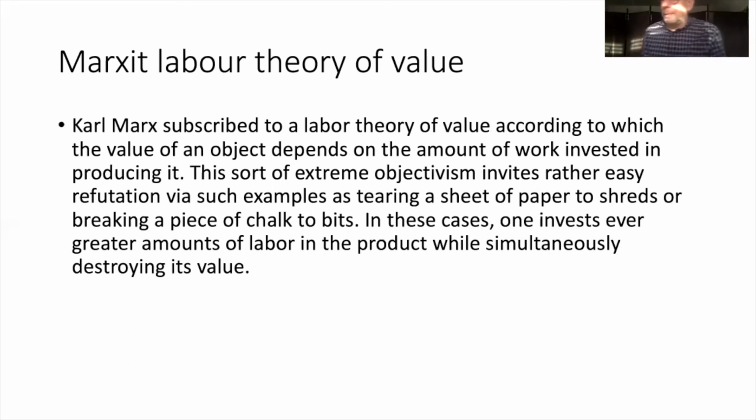Another classic way to think about the objectivist approach is the Marxist school in sociology, with their labor theory of value, which basically calculates how many hours it takes to create a product and how many hours you give in return.